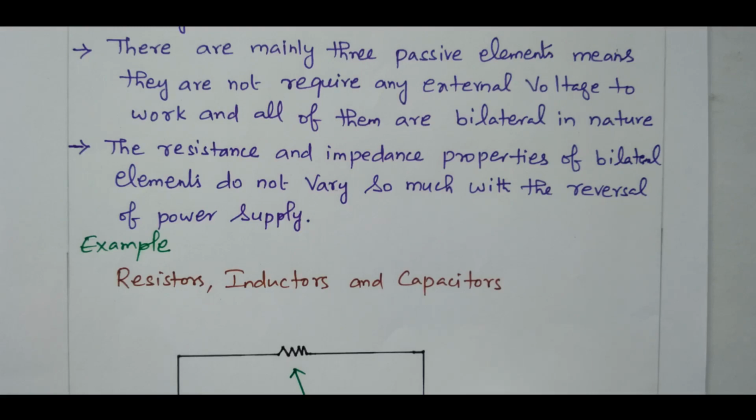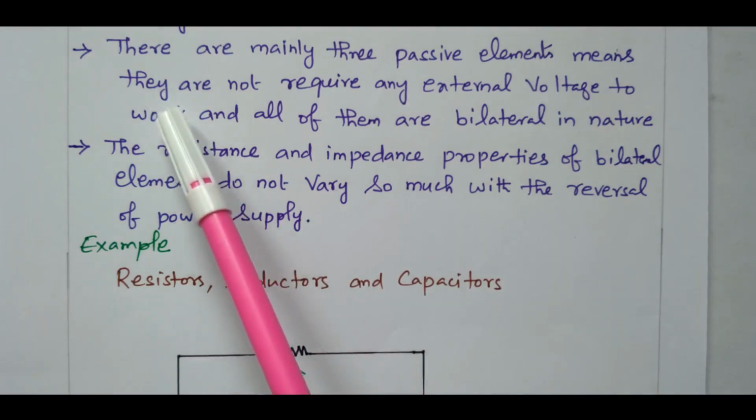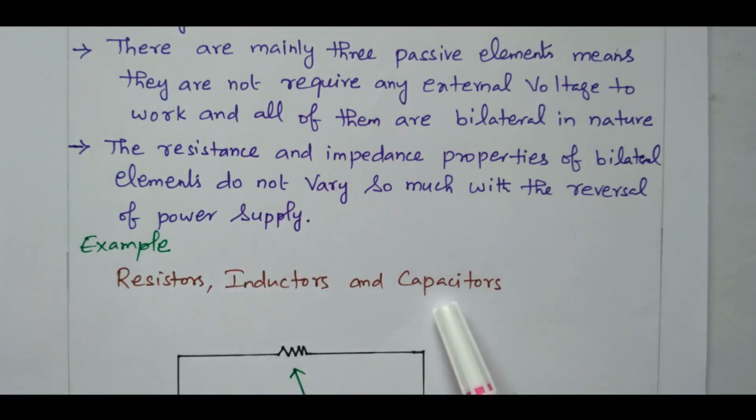A separate video on active and passive elements is available, and the link is in the description box, where viewers can see what is meant by active and passive components. So the resistor, inductor and capacitor are called passive elements that do not require any external source.